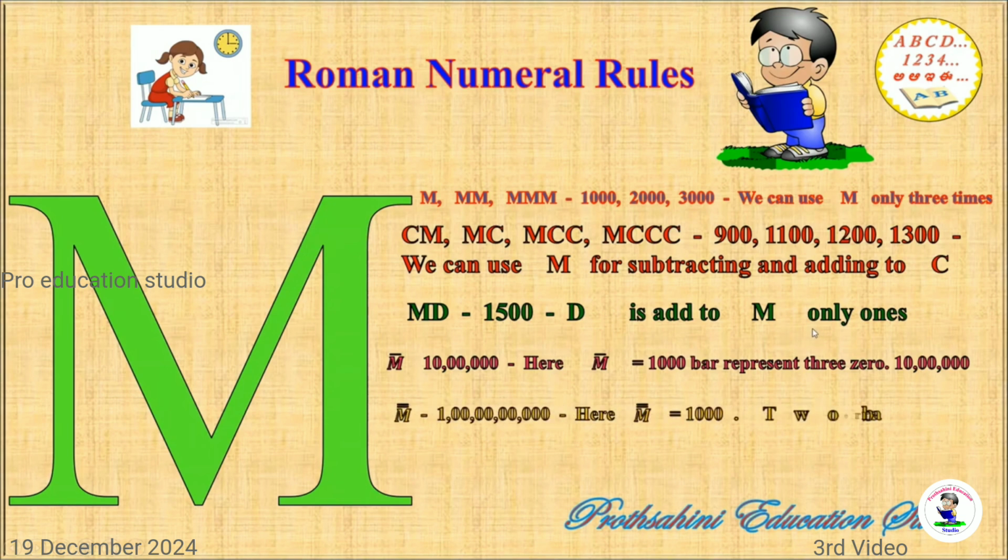Now we will go on to the next point. It is M double bar, 100 crores. Here M double bar is equal to 1000, the double bar represents 6 zeros, so that we get 100 crores.